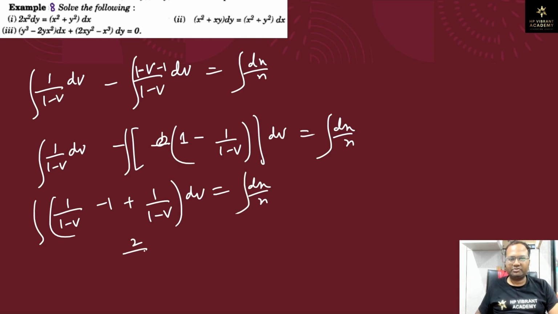So this is 2 upon 1 minus v minus 1 dv is equal to integration of dx upon x.